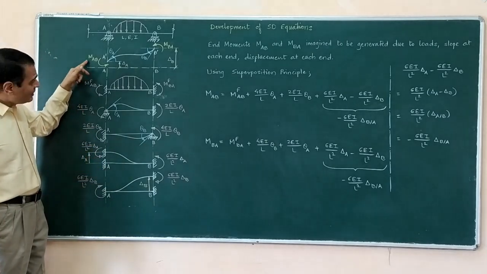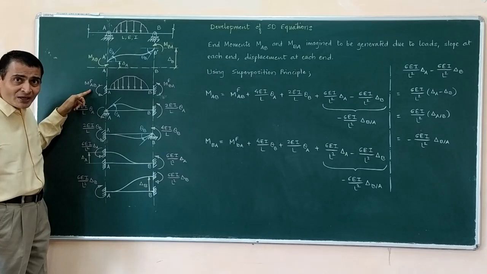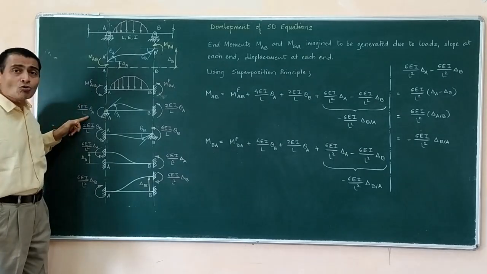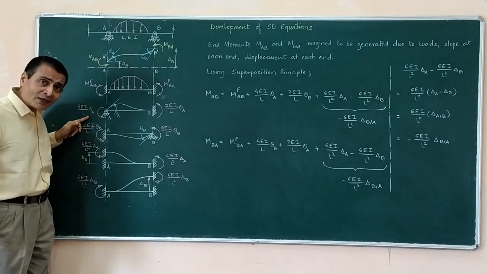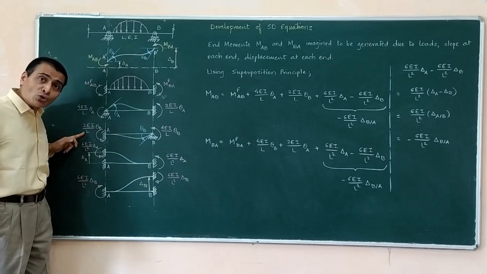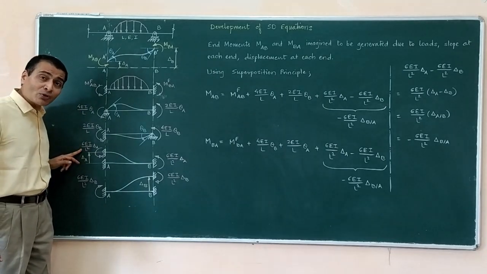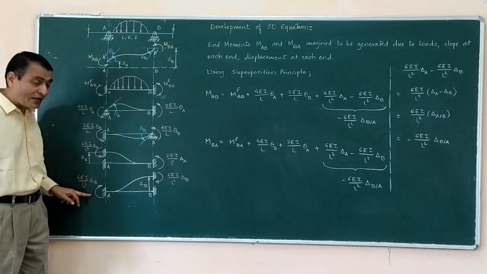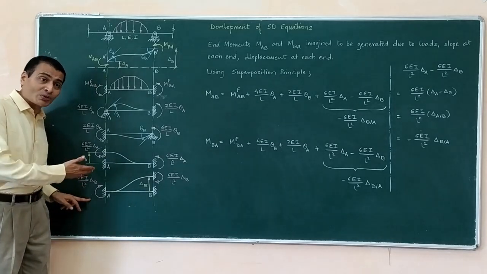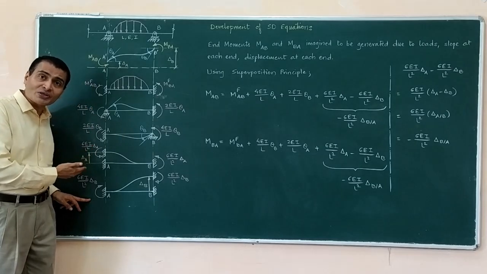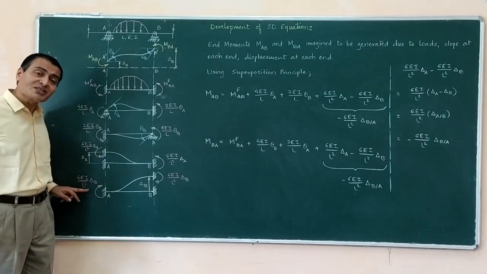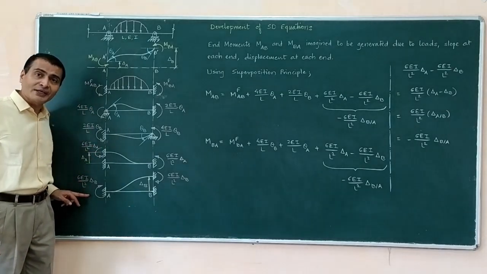M AB, end moment, is because of MF AB plus 4 EI upon L into theta A plus 2 EI upon L into theta B plus 6 EI upon L square into delta A, and minus, because this is clockwise, all other movements are anti-clockwise, they are positive, minus 6 EI upon L square into delta A.